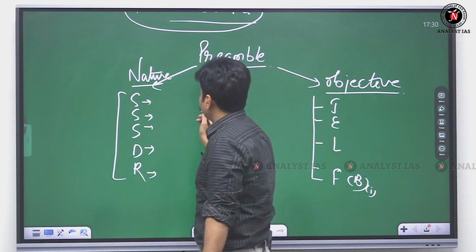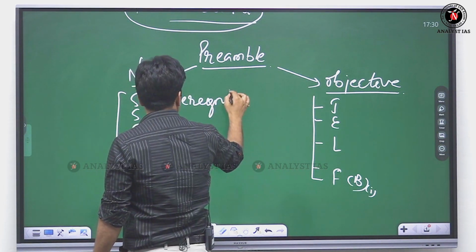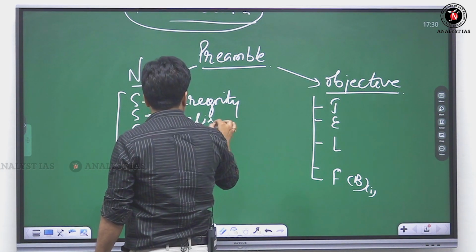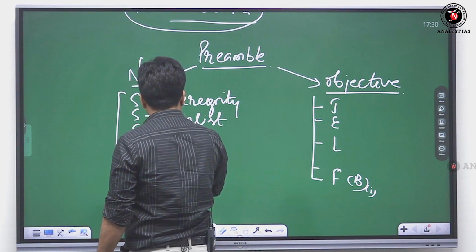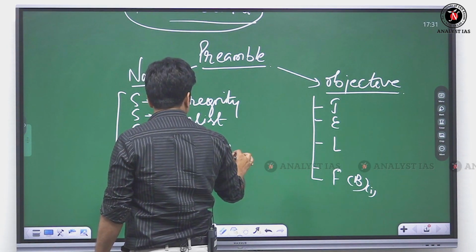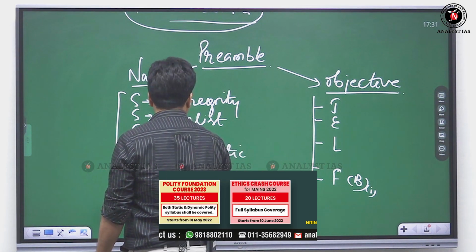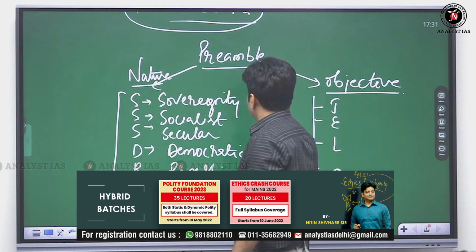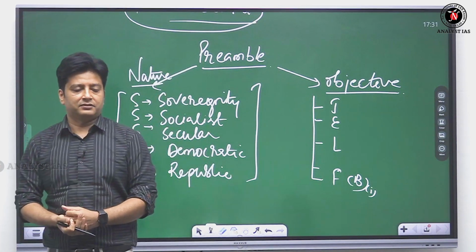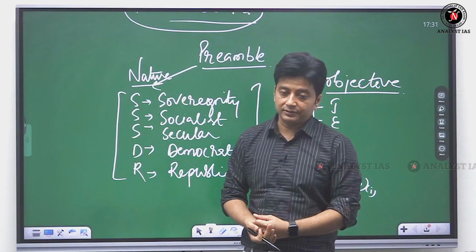So nature wise, if I talk about sovereignty, socialist, secular, democratic, republic, do these values or natural characteristics have significance in this democratic parlance or not? We have to look at.